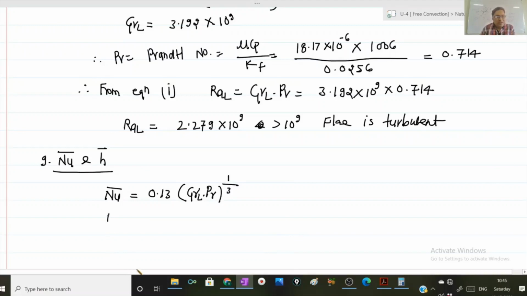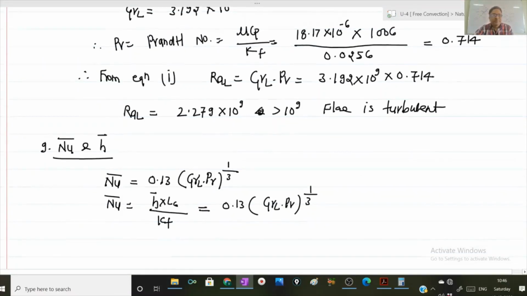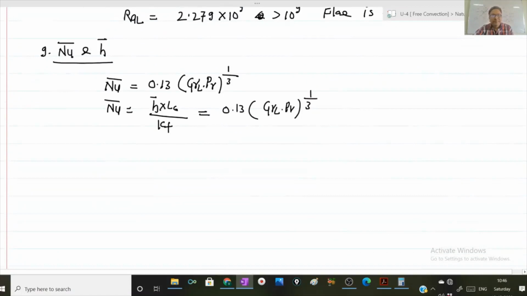So average Nusselt number can also be given as H bar into L_C over KF is equal to 0.13 (GRL into PR) to power 1 by 3. So the value of H bar is to be calculated.